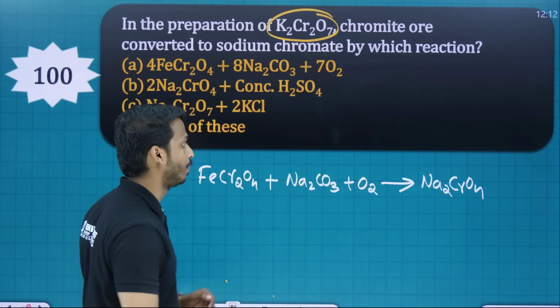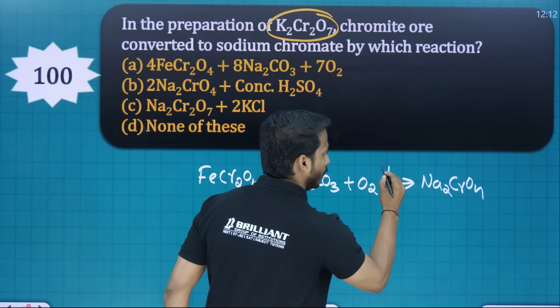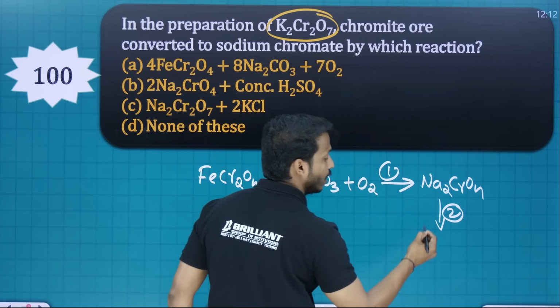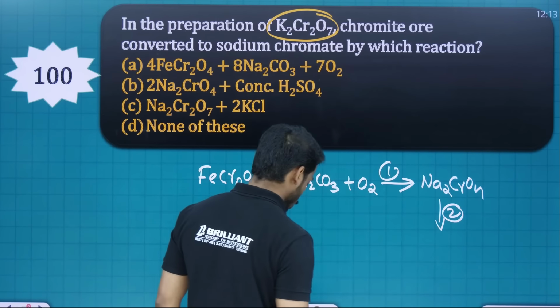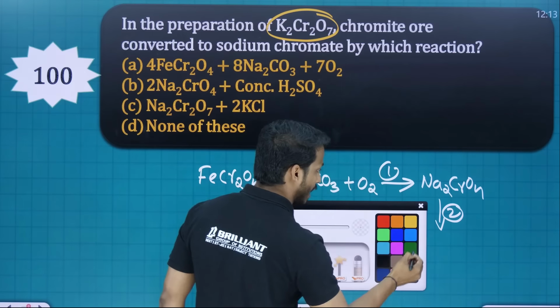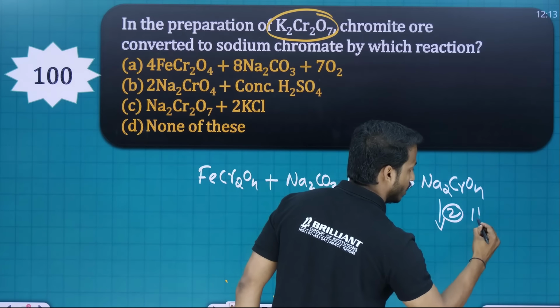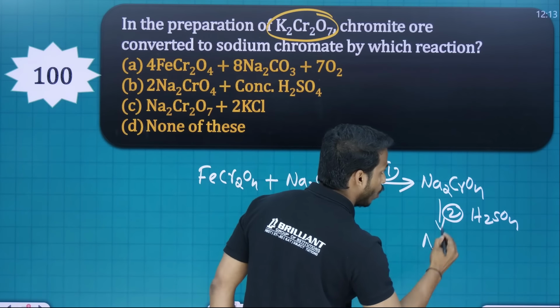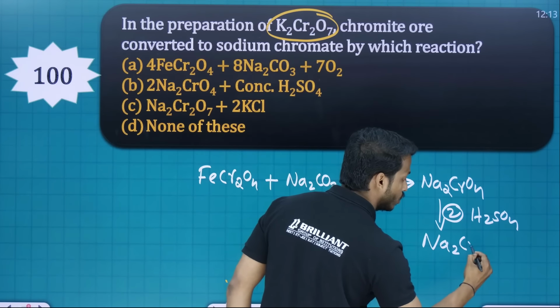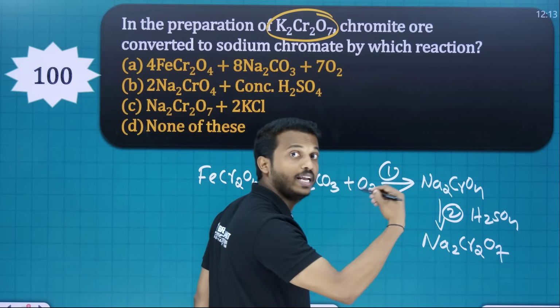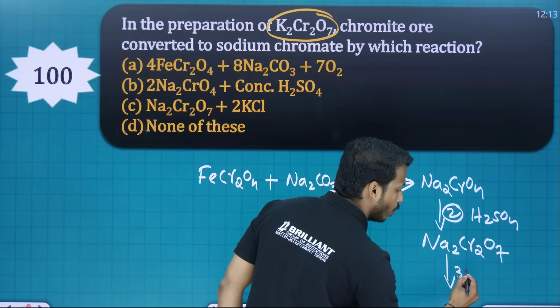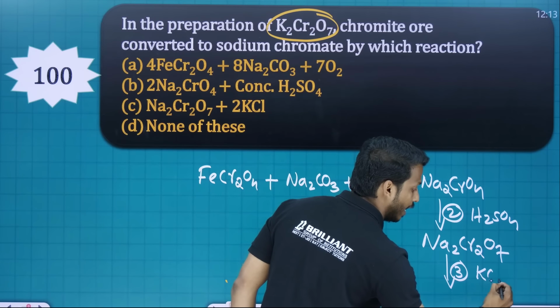Byproducts and all we have to study, okay? Second step, this is the first step. In second step, sodium chromate we will react with the acid, H2SO4. Sodium chromate becomes Na2Cr2O7, sodium dichromate. The sodium dichromate in third step, we will treat with KCl.